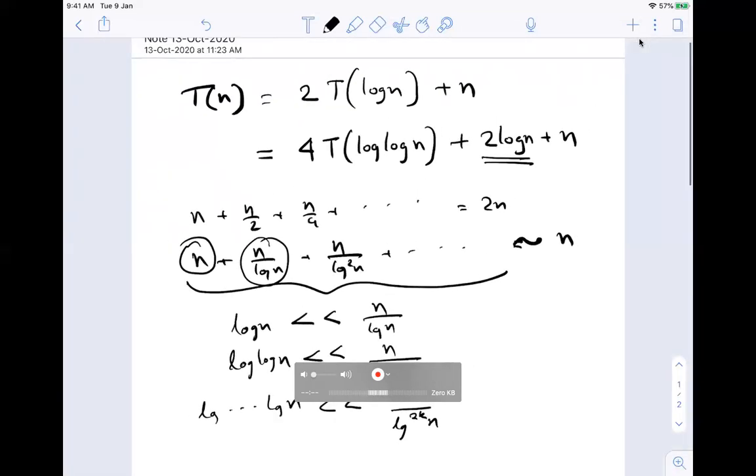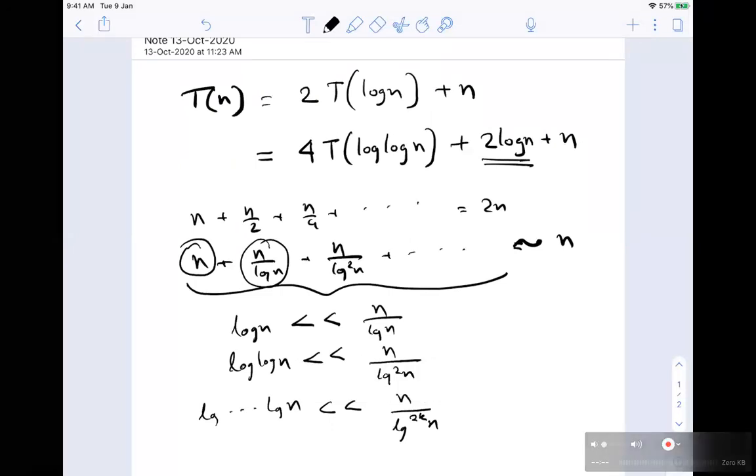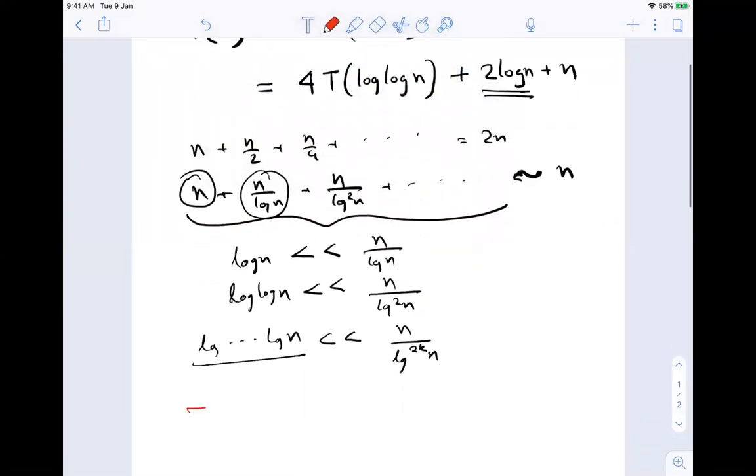This is the kind of thing I want you to realize: when you apply log, it is a very fast decreasing object. So if this adds up to at most n, asymptotically equal to n, then this quantity cannot be more than n, and of course this is more than n. So one thing I can clearly conjecture, and which is the correct thing, is that T(n) is asymptotically equal to n.